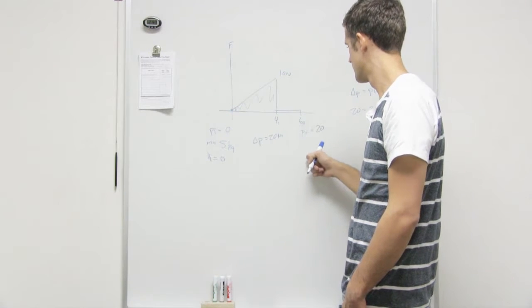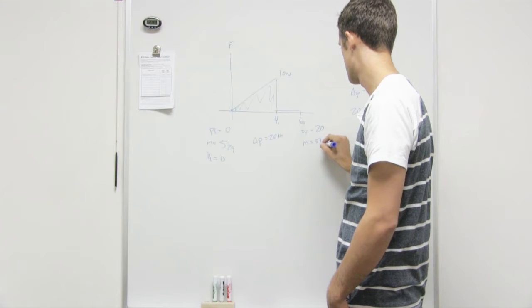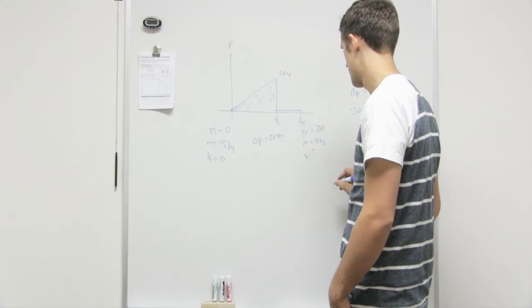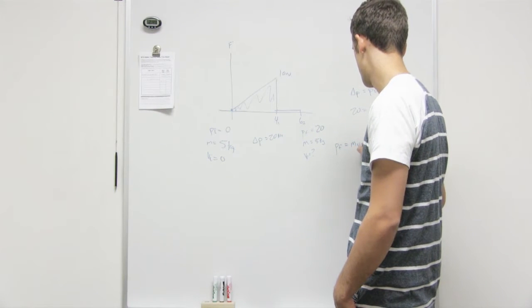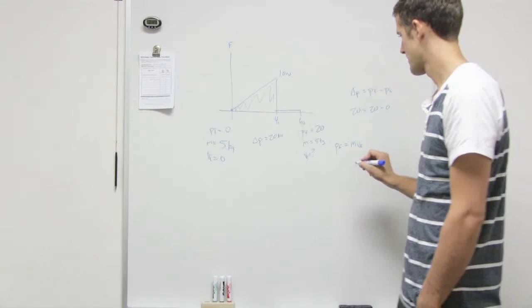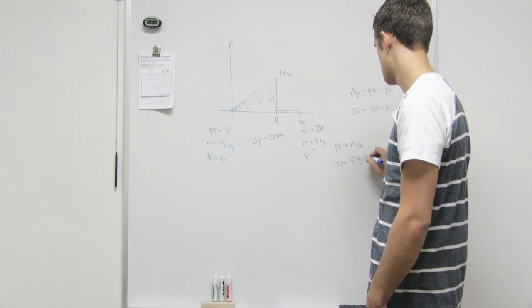Alright, so the mass is still 5 kilograms, right? But what's the velocity? You know that P final equals m times v final. Okay. So 20 equals 5 kilograms times v final.